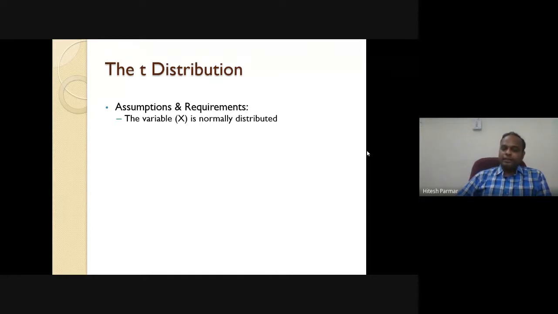When the sample size is greater than 30 and you are applying the t-test, you need to check the normality. So this assumption is applicable when the sample size is greater than 30 and you want to apply the t-test. I hope the point is clear, everyone.